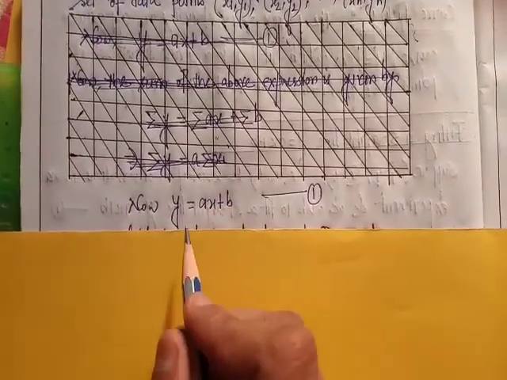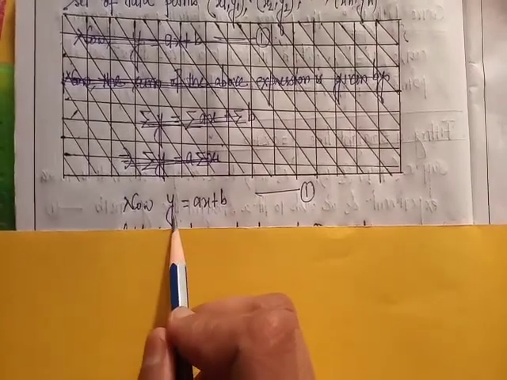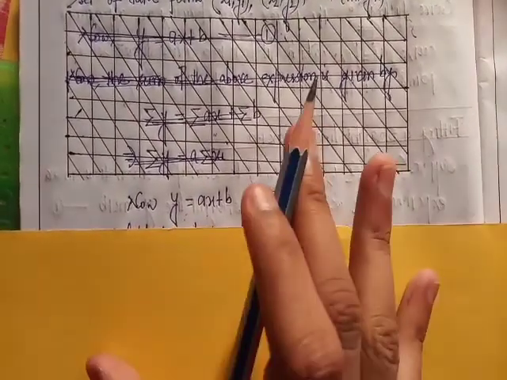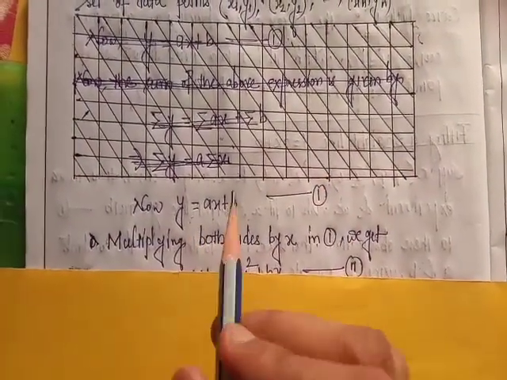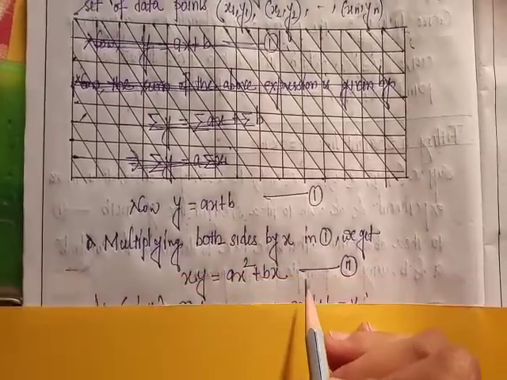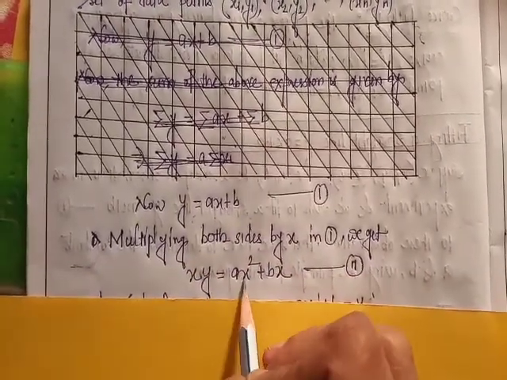Now y equal to ax plus b. Multiplying both sides by x, we get xy equal to ax square plus bx.